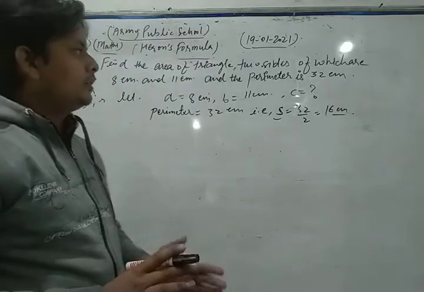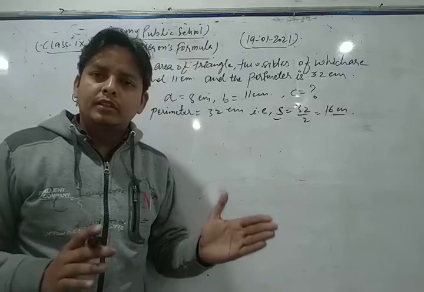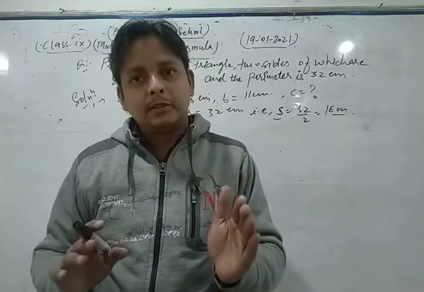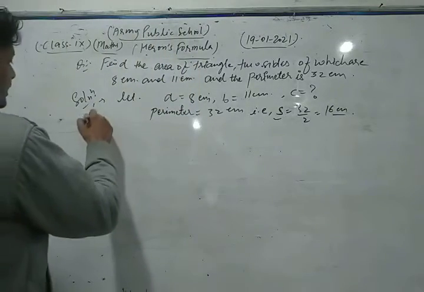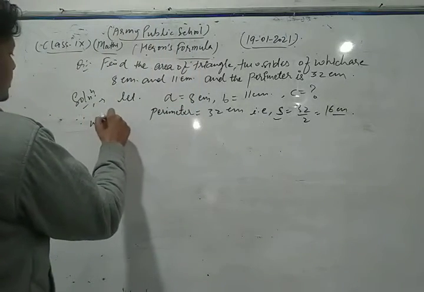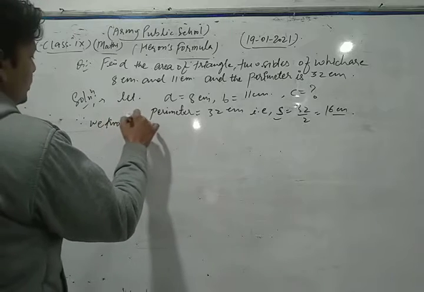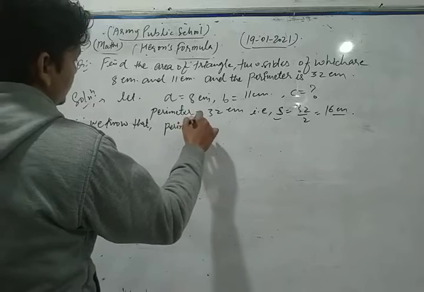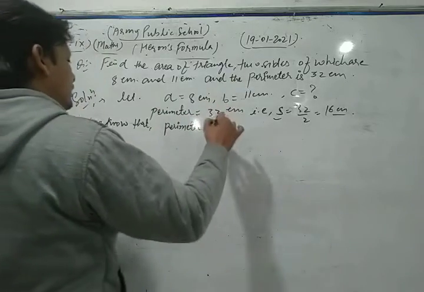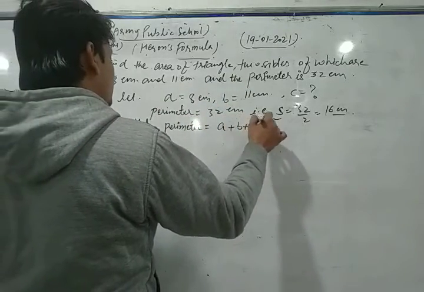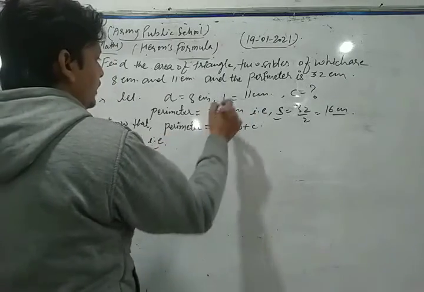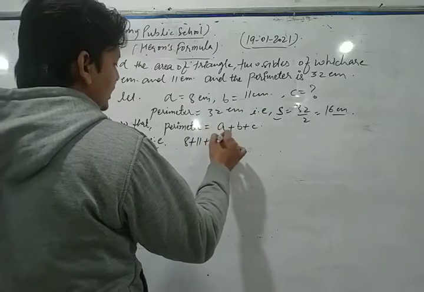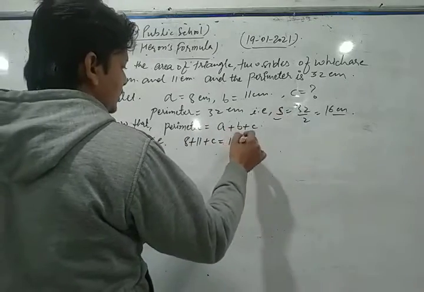Now, dear friend, you know very well that the sum of all sides of any triangle, or any geometrical figure, is called its perimeter. Thus we know that perimeter is equal to the sum of all its sides, means A plus B plus C. The value of A is 8, the value of B is 11, plus C, and the perimeter is 32.